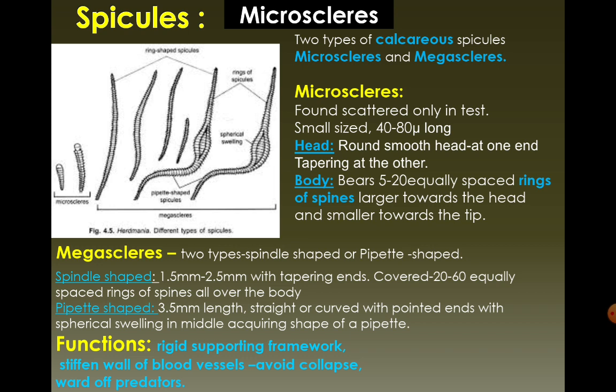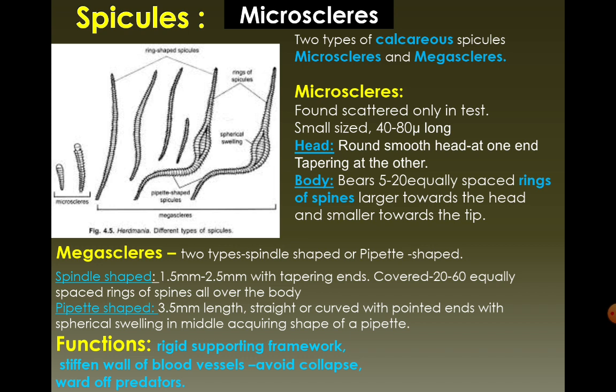For 3 marks, you are supposed to write only a neat labeled diagram and no description is required. You can also have certain sub questions from this, like they may ask you to write a note on spicules in Herdmania.